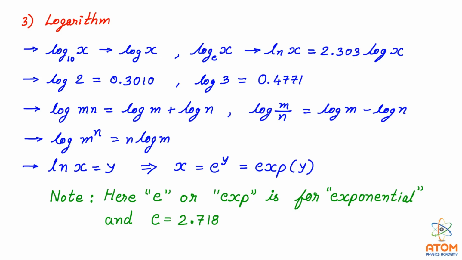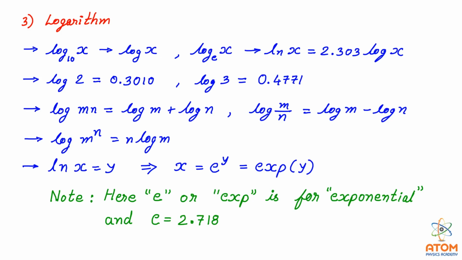So we will be dealing with basically two types of log. One is log x and another is ln x. The result of log x, that means log to the base 10 of x, is different from ln x, which is log to the base e of x.